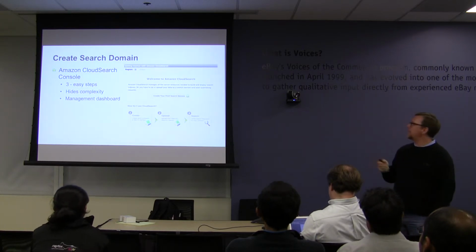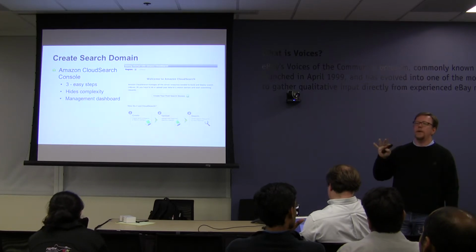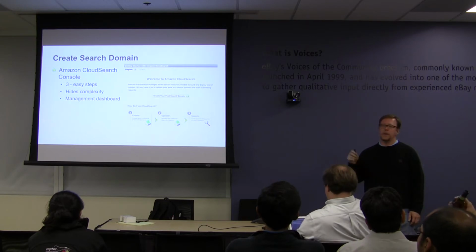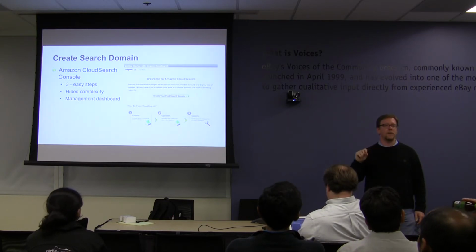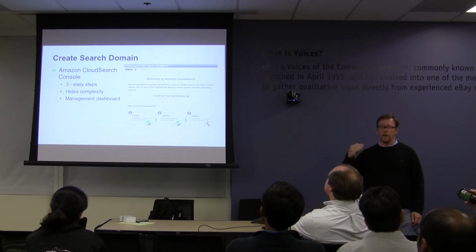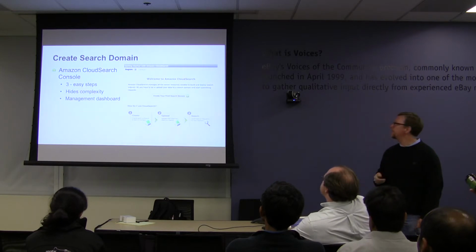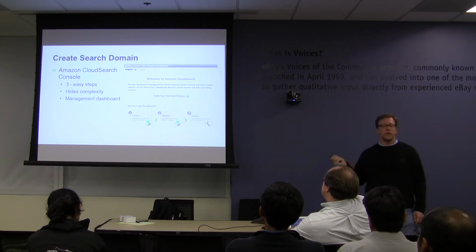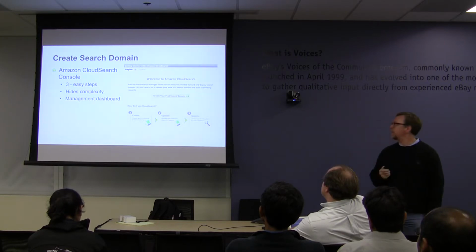And this allows you to, at a very simple level, configure and create your domain. We also have API level interaction and command line tool level interaction. So this is just a picture of the wizard in the console to create your domain, 3 easy steps, as we said.